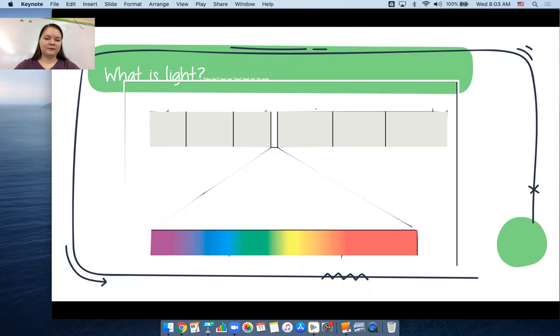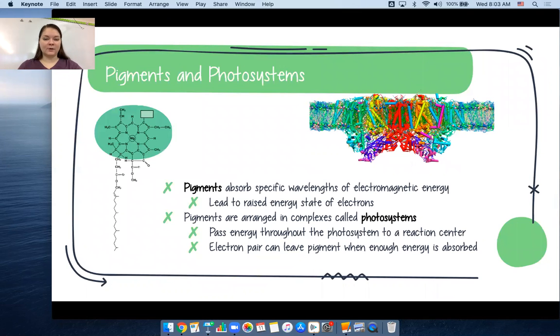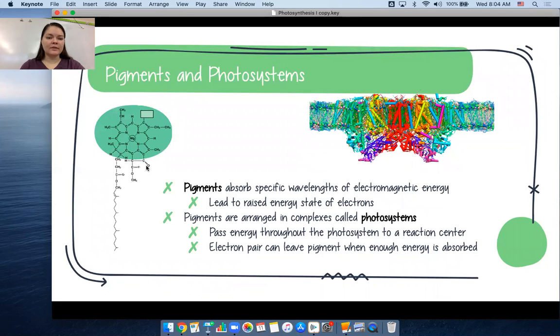And so this is where we've got the Roy G. Biv, and as it turns out, plants also have these pigments, just like we have pigments in the back of our eyes that pick up the different wavelengths of light, so do plants. The primary one that you'll want to know is chlorophyll.